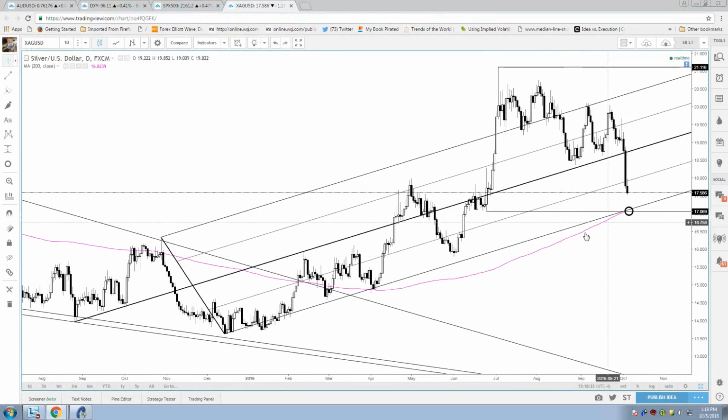The big support for silver is probably down near 17.10 or so. You've got the 200-day average, the lower parallel, and the Brexit day low all around 17.10. It's 17.07, but 17.10 rounded up. So that's an area to really watch for.